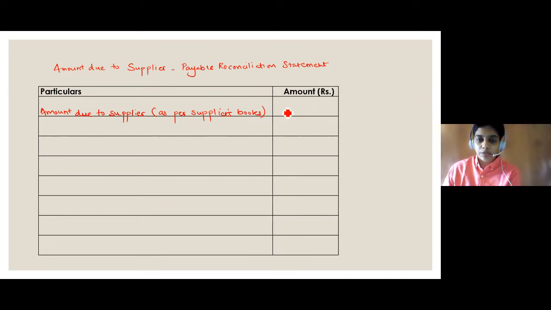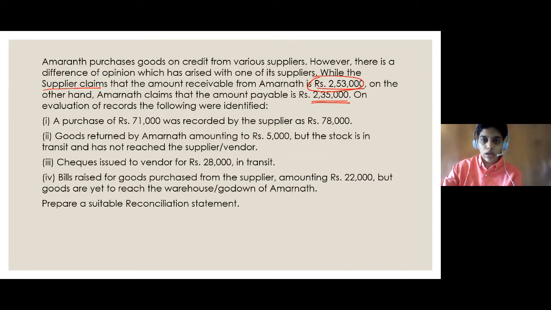This balance is as per supplier's books. So we are going to write it as it is, 2,53,000. Now we'll be taking into account the items of difference and then do adjustments accordingly.